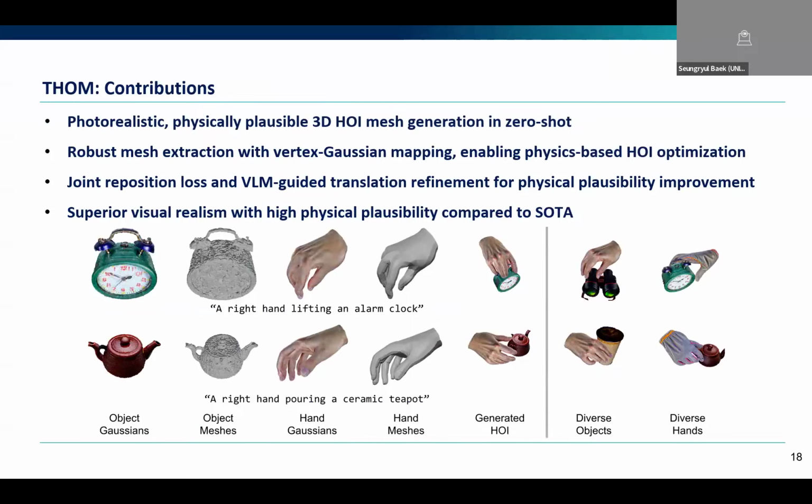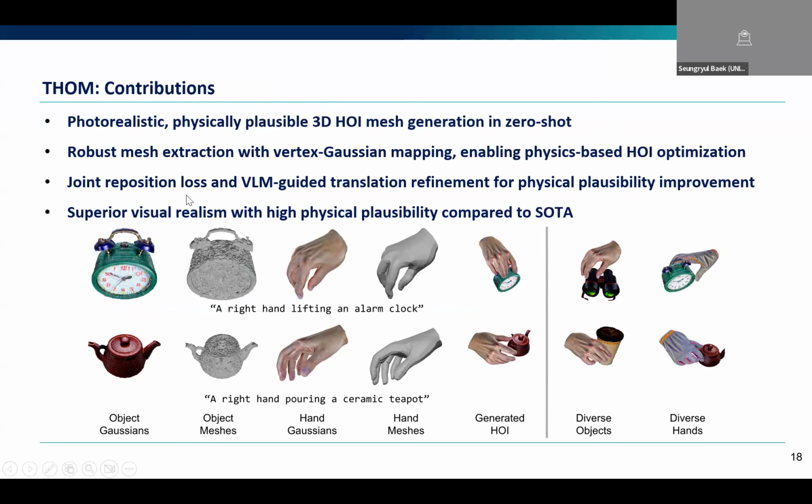So the contributions are like this. To the best of our knowledge, this is the first work on photorealistic, pose-correct, 3D hand-object mesh generation in a zero-shot manner. We robustly extract meshes with one-to-one correspondence mapping between vertices and Gaussians, which enables physics-based HOI optimization.